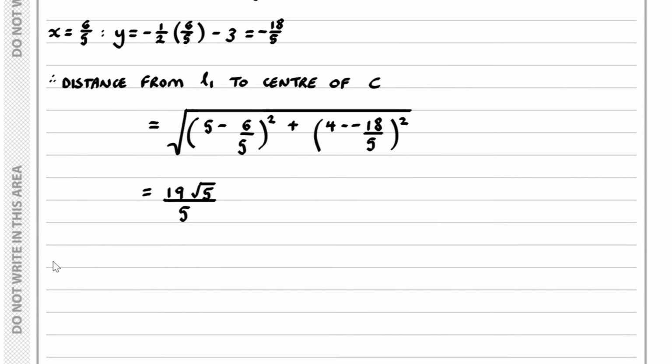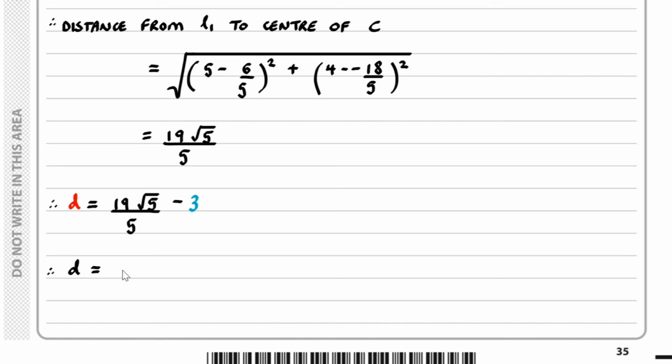So, to find out the required distance, that's equal to 19 root 5 divided by 5, subtract the radius of 3, so therefore the required distance in exact form, we have 19 times the square root of 5, subtract 15, over 5.